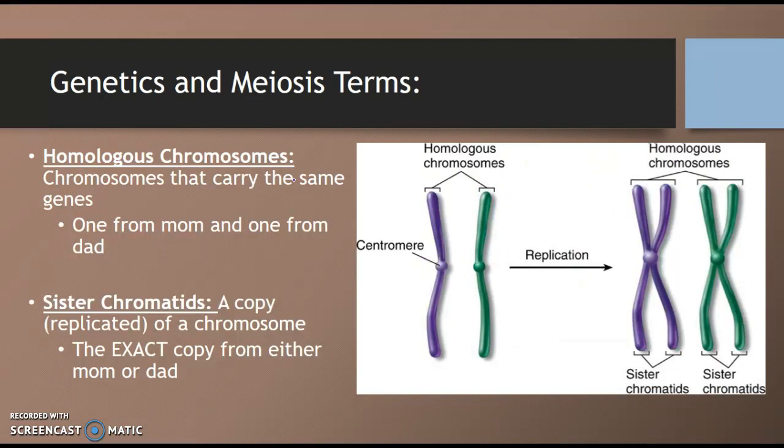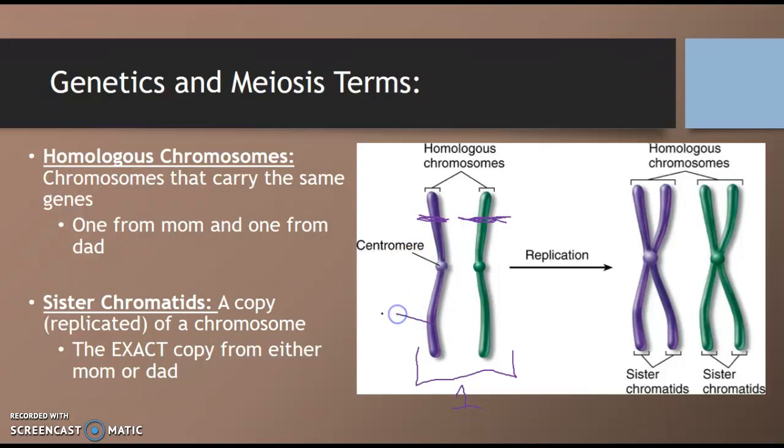We also need to talk about what a homologous chromosome is and a sister chromatid. When we look at this picture, a homologous chromosome is just a pair of chromosomes. This, for example, would be pair 1. They are homologous because they have the same genes on them. Let's say that this right here codes for eye color. This also is going to code for eye color.